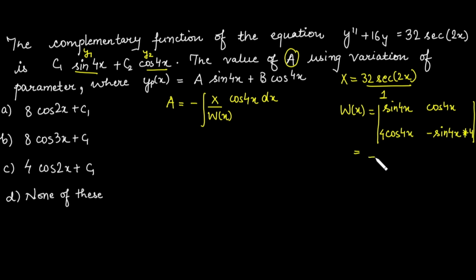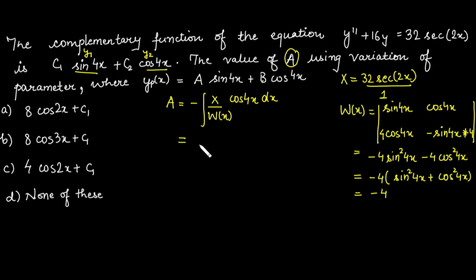This gives us minus 4 sine square 4x minus 4 cos square 4x. Take minus 4 outside. We have sine square 4x plus cos square 4x, which is equal to 1. So we are getting the Wronskian in this case as minus 4.